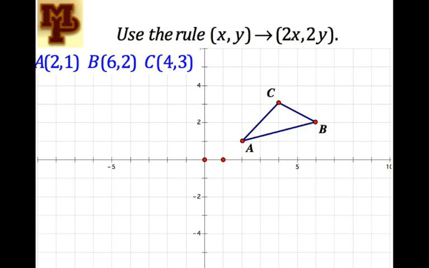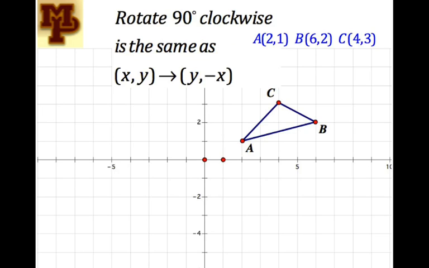Alright, we're almost home. Okay, rotating 90 degrees clockwise. Now that's another thing that you'll want to memorize. It's a particular transformation. So whenever we say 90 degrees clockwise, that is the same as switching your x's and y's as far as their location goes.